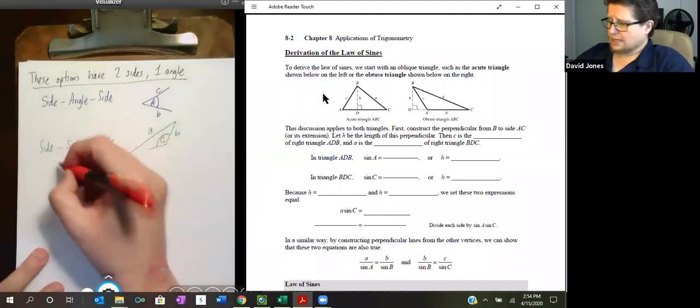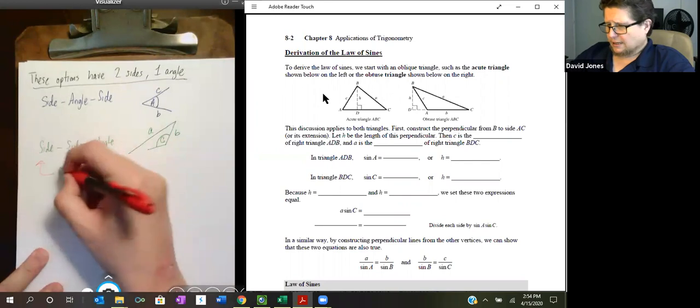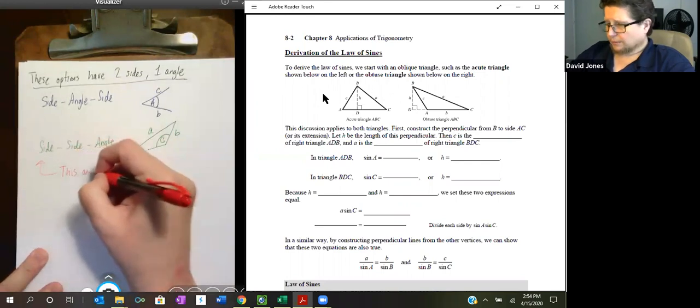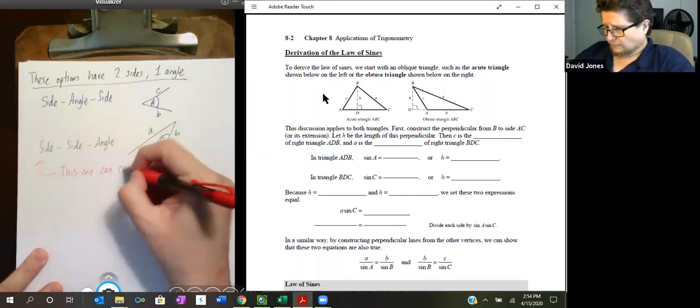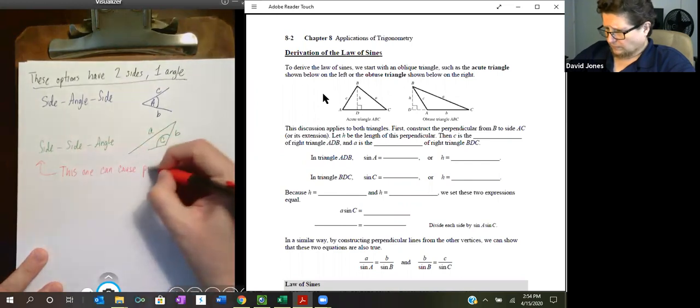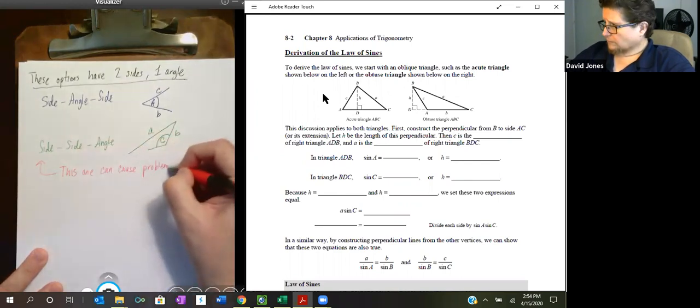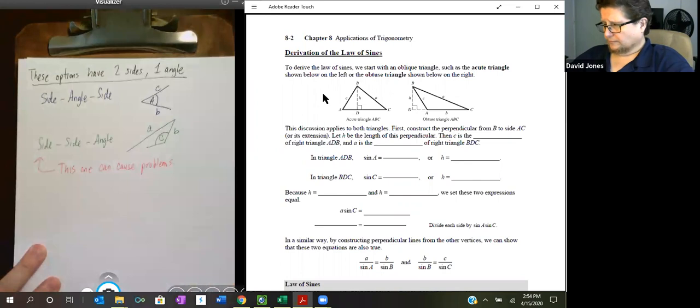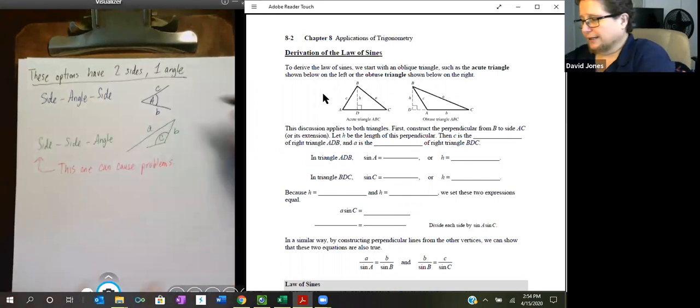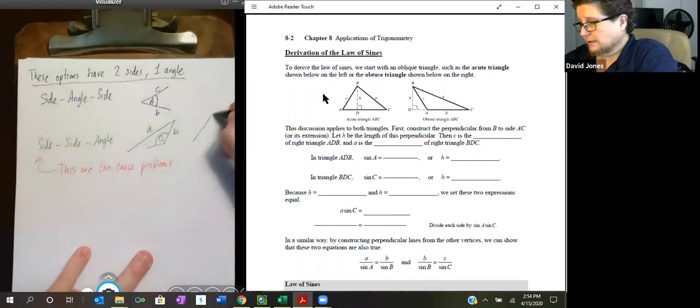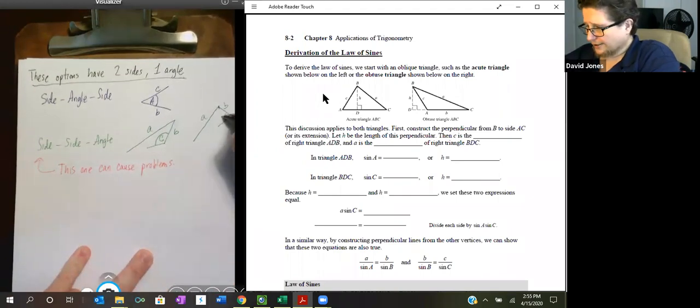We might know angle A or side A, side B, and angle C. And this one can cause problems. Why? Because there's a couple ways that this could have been. A, B, angle C here.